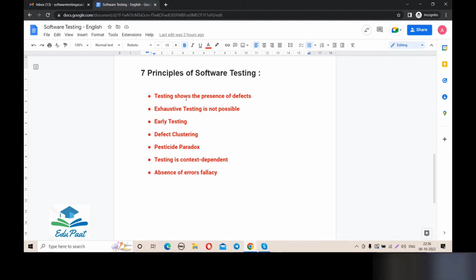Even if a tester cannot find defects after repeating regression testing, it may be possible that we have missed some defects. That doesn't mean the software is 100% bug free.